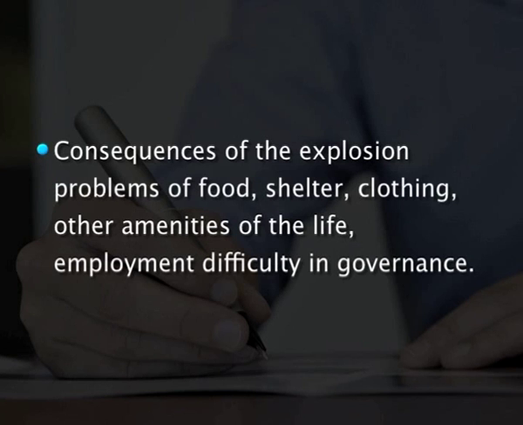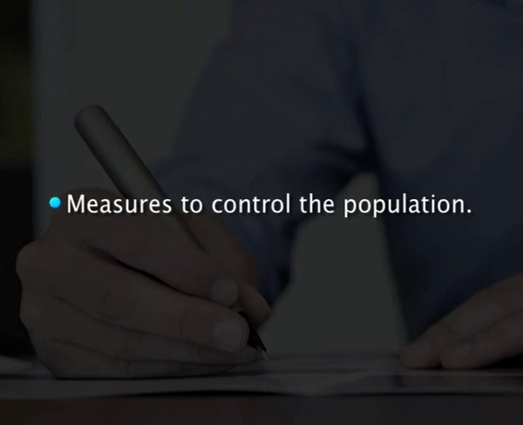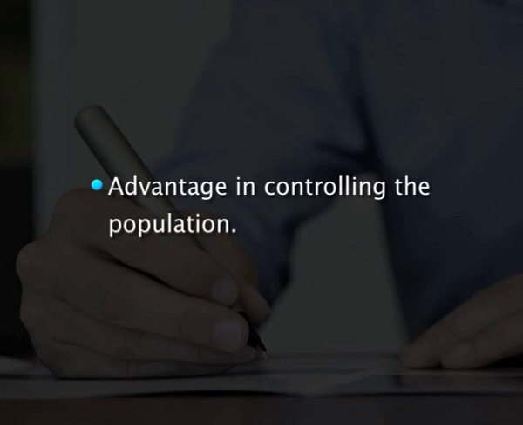Fourth point, consequences of the explosion: problems of food, shelter, clothing, other amenities of life, employment, difficulty in governance. Fifth point, measures to control the population. And the sixth point is advantage in controlling the population.